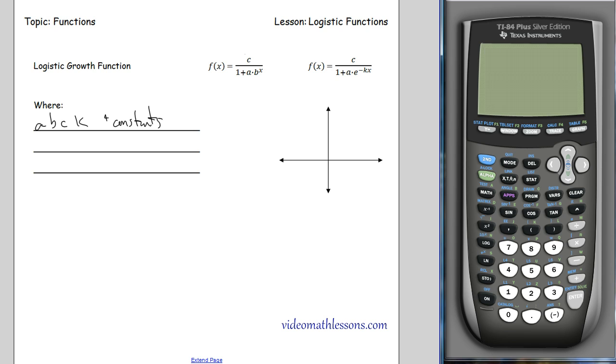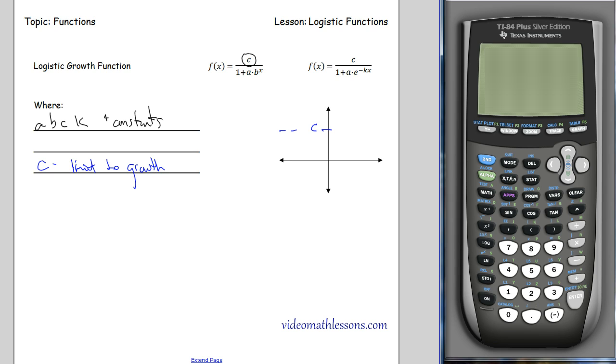But the c value upstairs is very special. The c value is actually called the growth limit, or limit to growth, however you want to phrase it. That number is going to determine what I can max out at. So let's just say the c value is up here. That's where my max is.